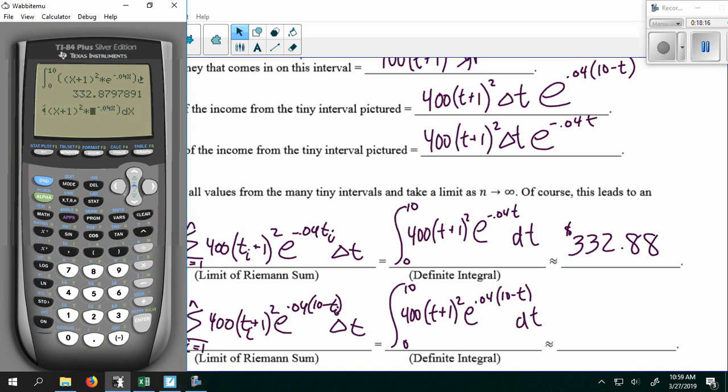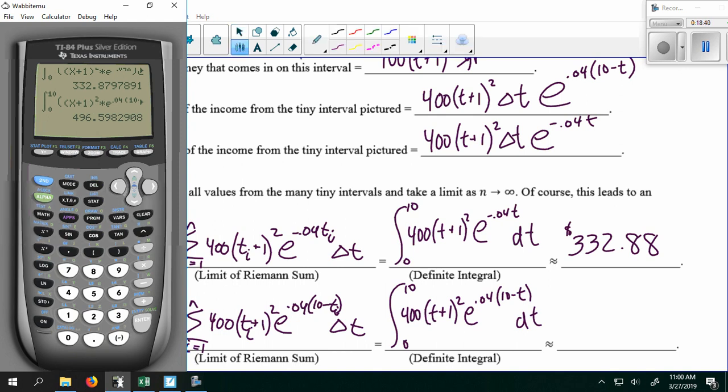So that's the same. And then this is going to be e to the positive 0.04 times (10 minus x). $496.60.